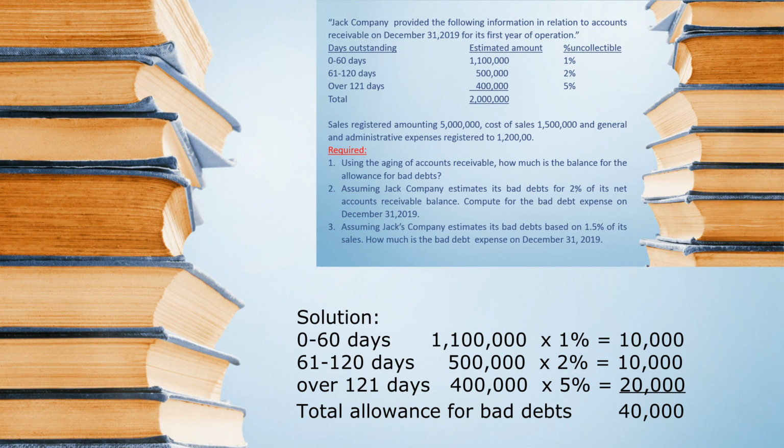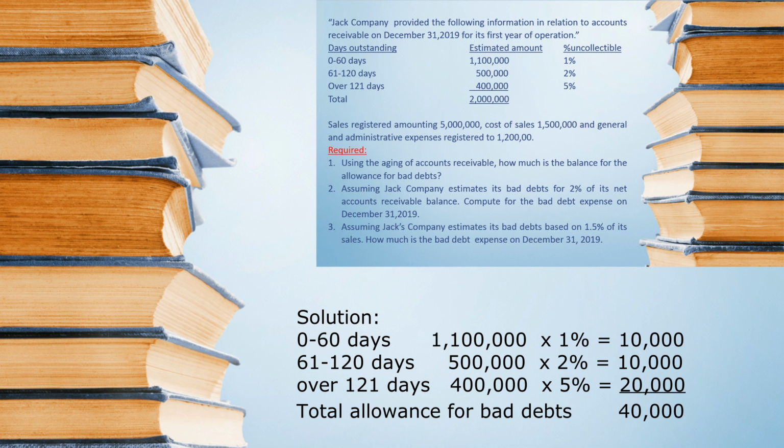Then 61 to 120 days for 500,000. Multiply by 2%. So that's 10,000 also. And lastly, over 121 days, which is 400,000 multiplied by 5%. So that's 20,000. So if we're going to total it, 10,000 plus 10,000 plus 20,000, that's totaling to 40,000.